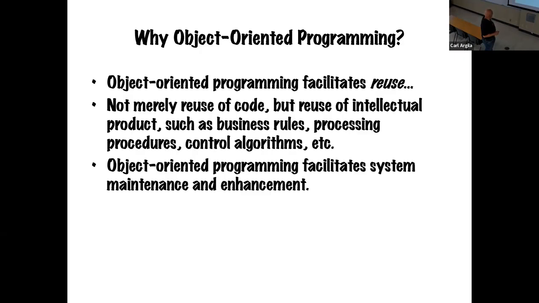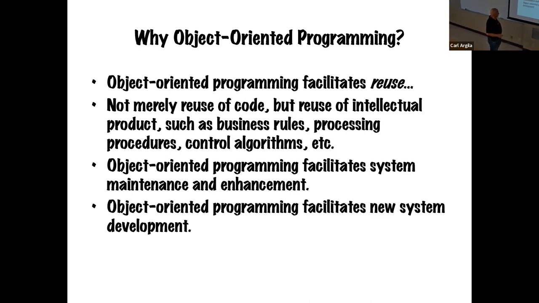Object-oriented programming facilitates system maintenance and enhancement. And the reason for that is that in a well-designed object-oriented model, when systems break, they tend to break along object lines. I've alluded to this earlier, it makes troubleshooting that much easier.